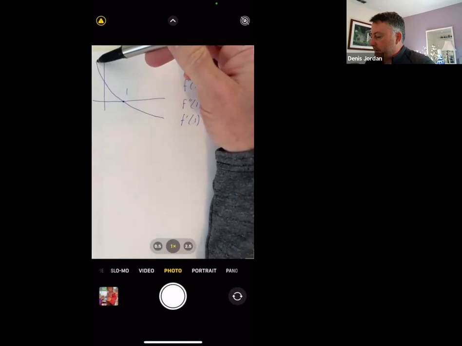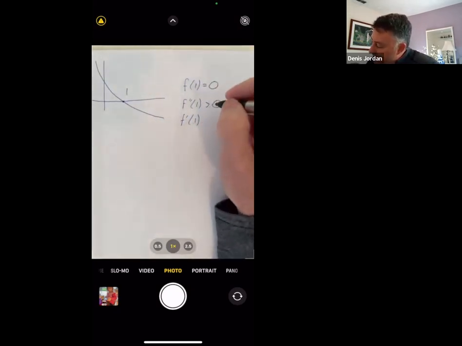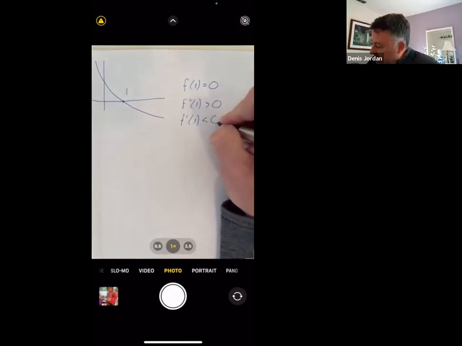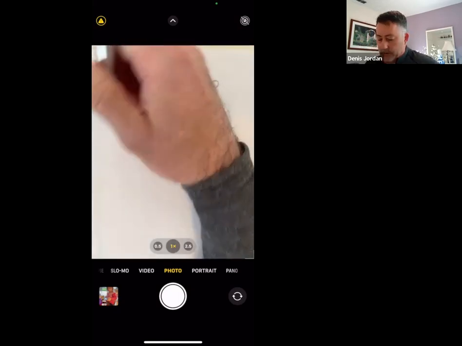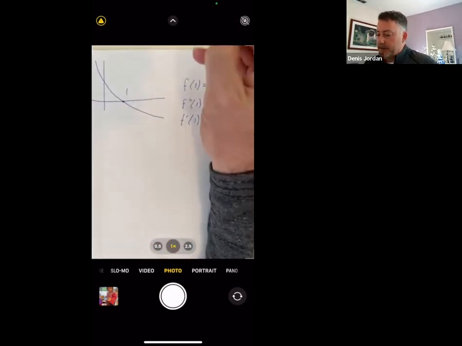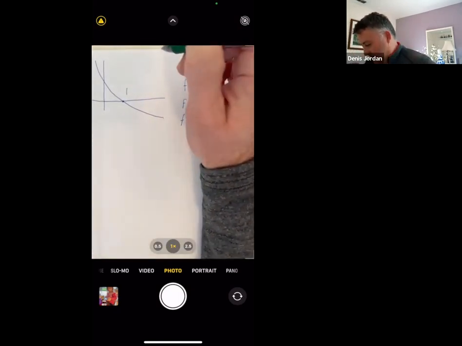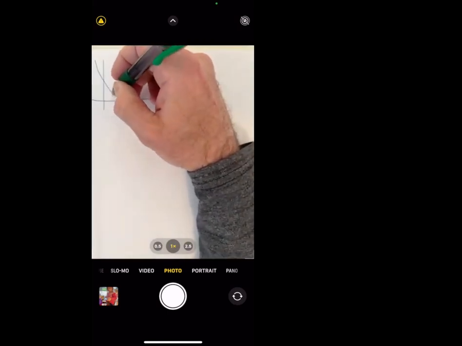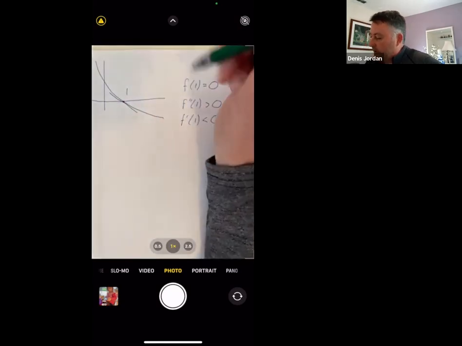And then this curve, is it increasing or decreasing? Decreasing, so it'd be negative. So the value of the derivative is negative there. You could also think about what a derivative is. What is a derivative? Slope of a tangent line. So if you drew in a tangent line there, does it have a positive or negative slope?